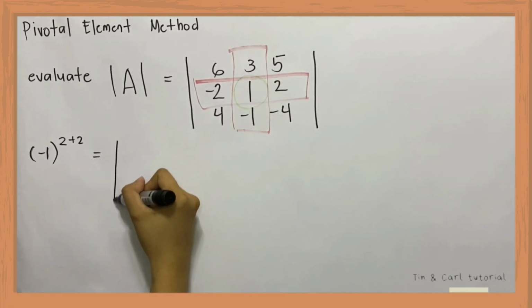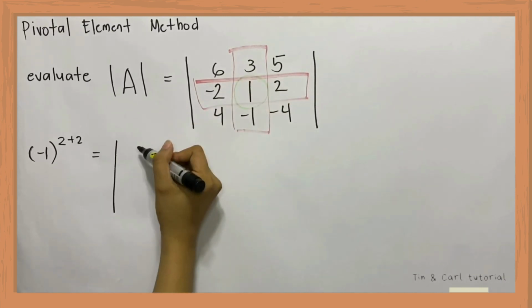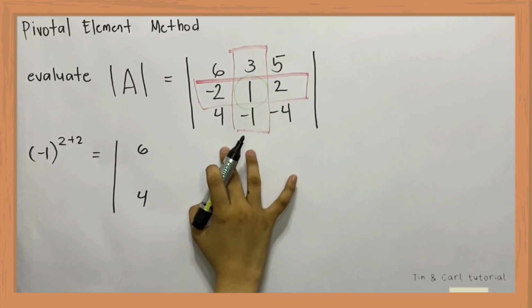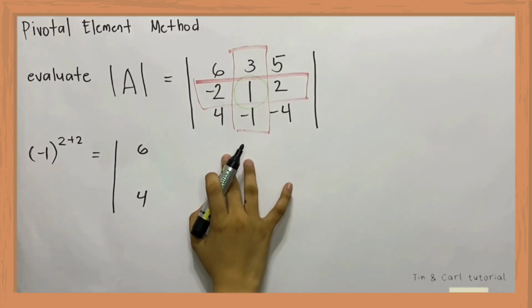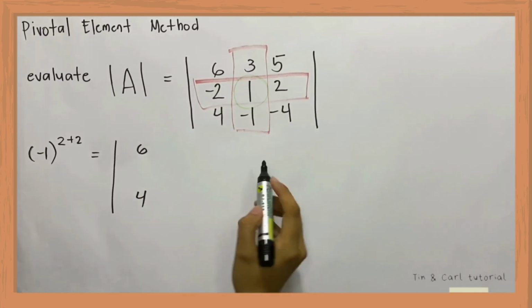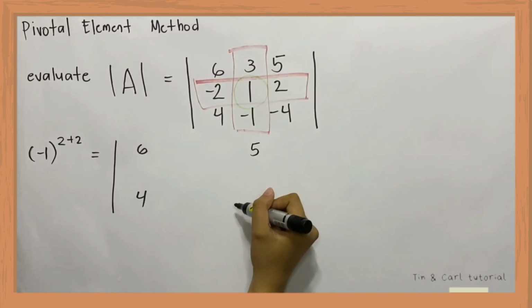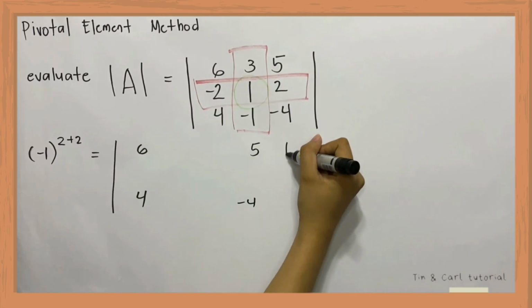Equals, lagyan natin yung natira, which is 6, 4, and mag-provide tayo ng space dahil dito natin ilalagay yung ibang part ng solution. 6, 4, 5, and negative 4.